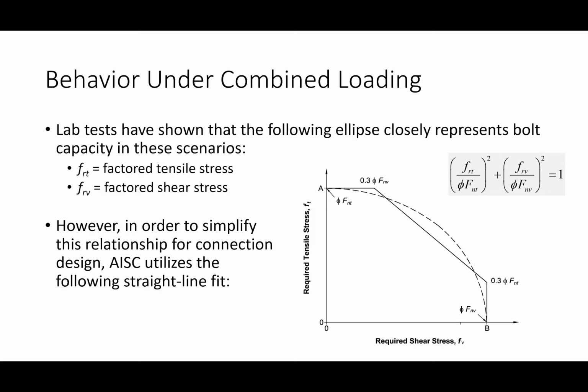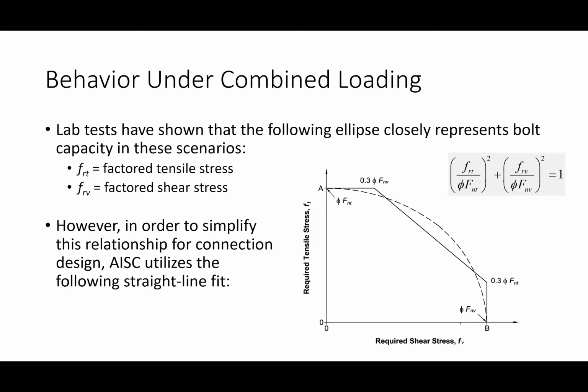If you do this in the lab or do a bunch of modeling, this is the expression that fits the data very well. But ellipses are hard. Engineers don't like dealing with hard equations if they can avoid it. So the spec says, let's not do that. Let's just do a straight line fit.